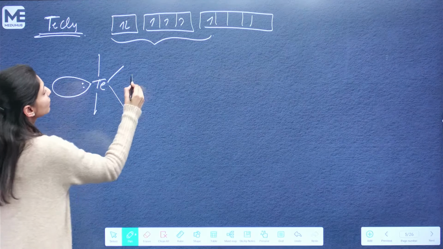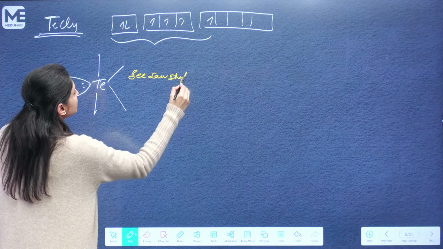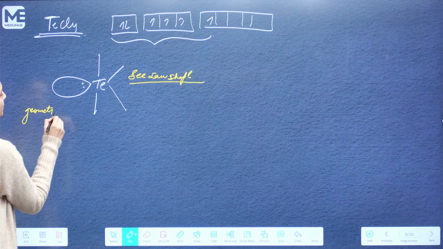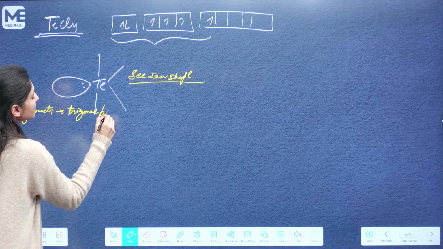So this is also called a seesaw shape. And the geometry is trigonal bipyramidal.